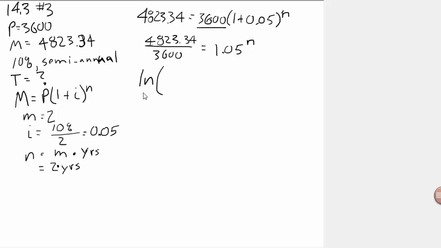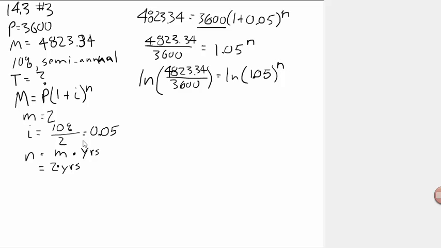It's no different than when we say we have to add the same number to both sides of an equation or divide by the same number. So I'm going to take the natural log of the entire side, which means I better take the natural log of that entire quantity equals the natural log of 1.05 raised to the n.